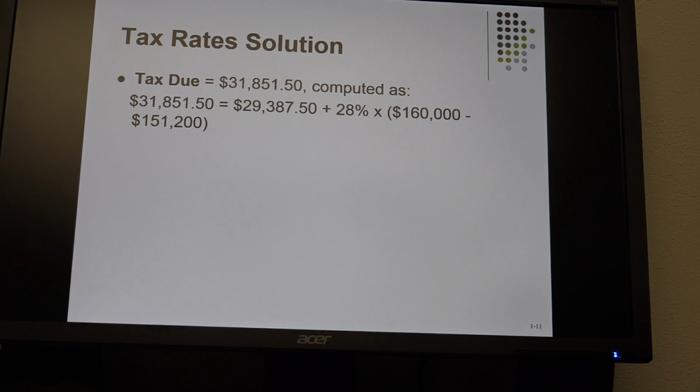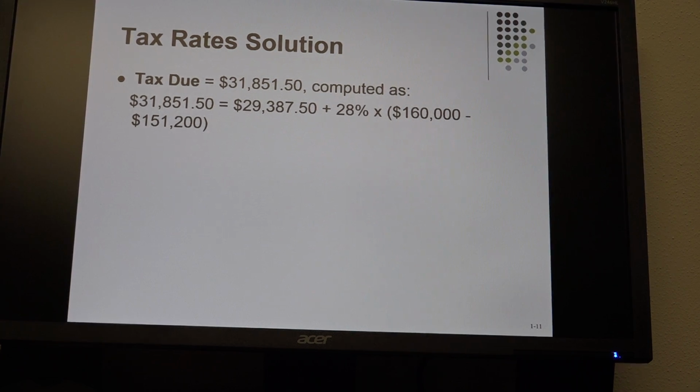And the amount they owe is $29,387 plus 28% of the excess over $151,200, and so that's what, $8,800 is taxed at 28%.